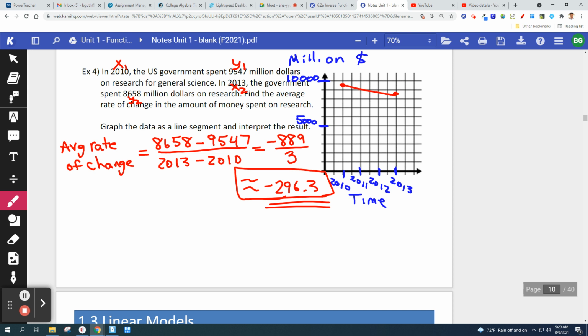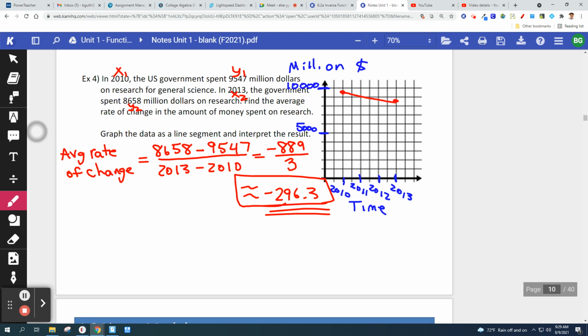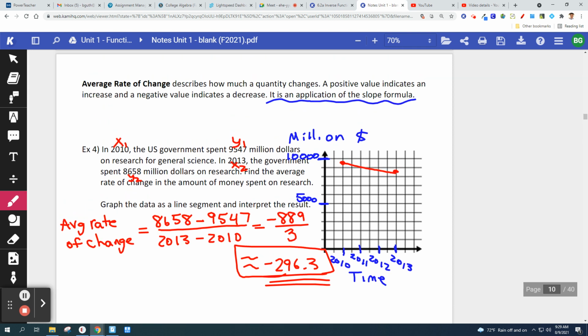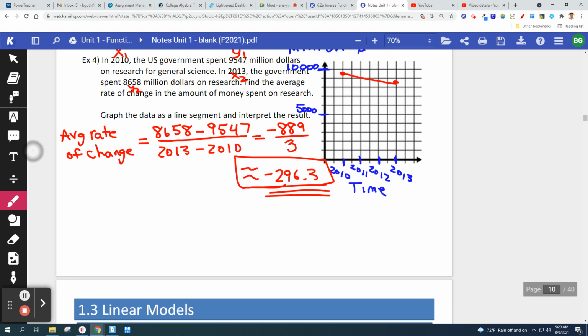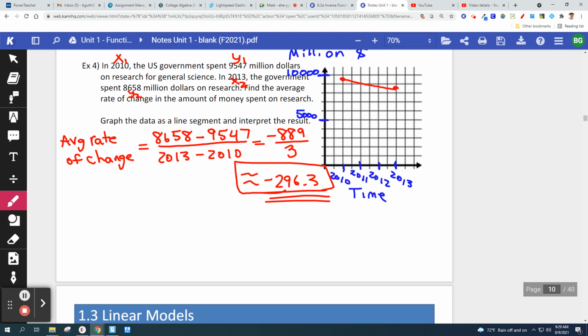So find the average rate of change. There it is. Graph the data as a line segment. Got it. And interpret the result. Well, remember up above it said negative value indicates decrease. That's what's happening. We've got a negative value, so it's decreasing. But that's what the line shows. The line shows it's decreasing as well.